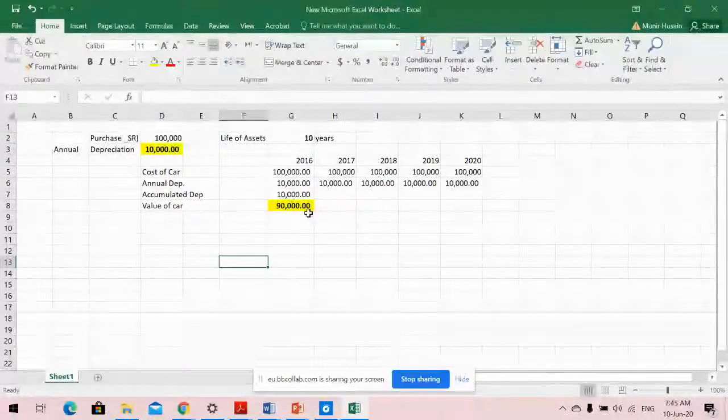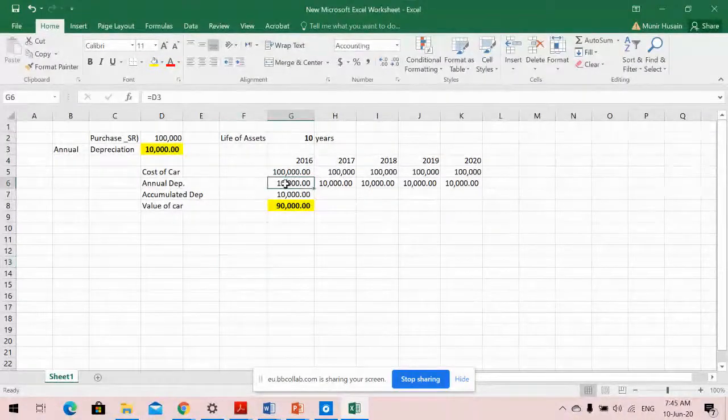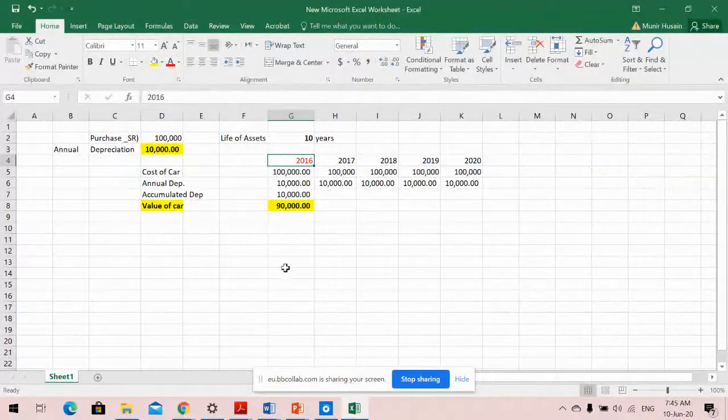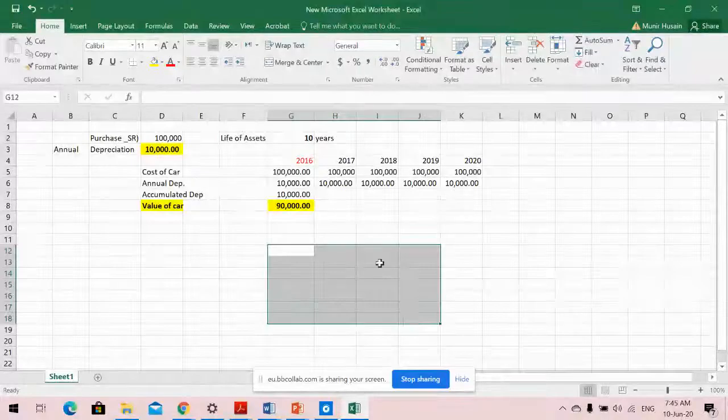Based on this, we calculated our annual depreciation, because here we are assuming a life of 10 years. So every year we show the value of our asset, the value of our car, let's say. When we prepare a balance sheet for 2016, you put all the assets.